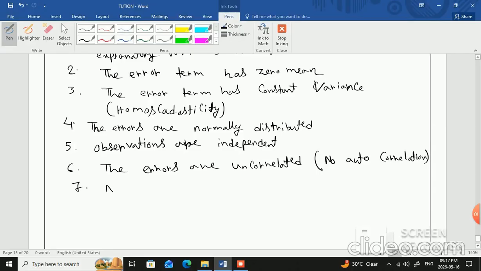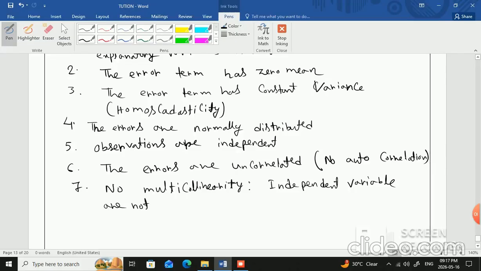Number 7, no multicollinearity. That is, independent variables are not highly correlated. This is called no multicollinearity. If highly correlated, then multicollinearity exists.